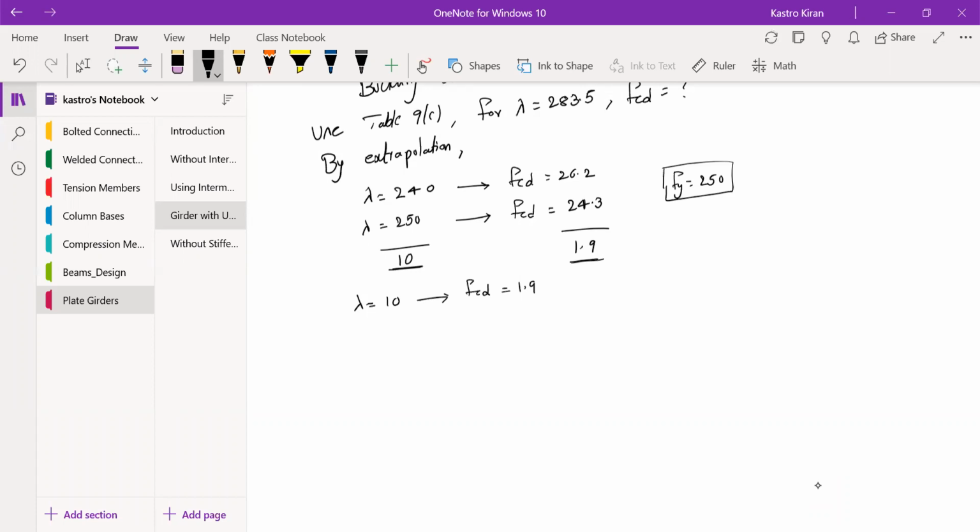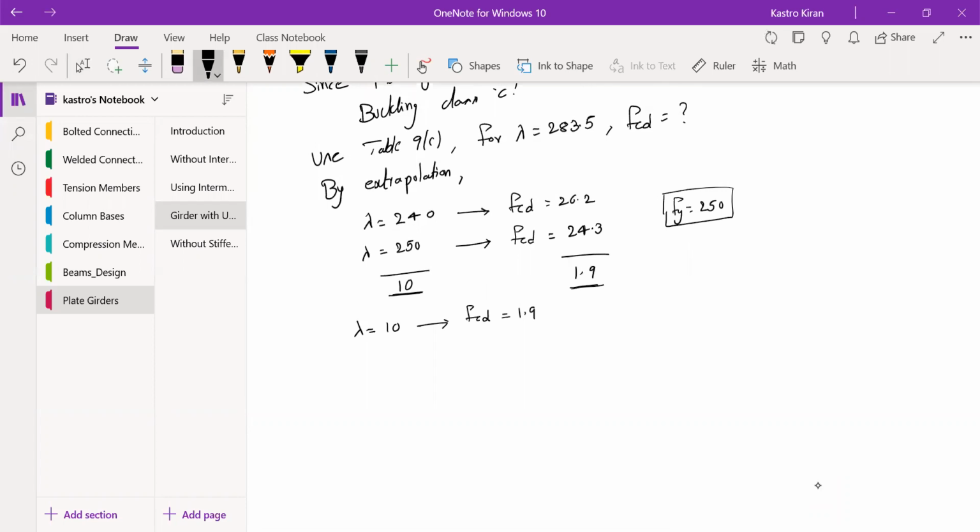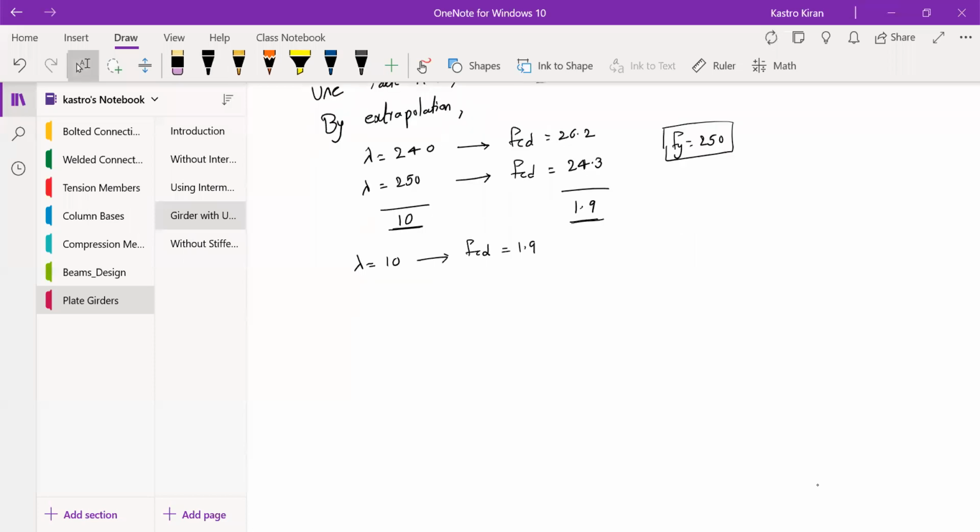Now, for what value of lambda do you have to calculate the value of FCD? You have to calculate FCD when lambda equals 283.5. So you have to subtract 240 from 283.5. Take the last-but-one value, that is 240, not the last value 250.